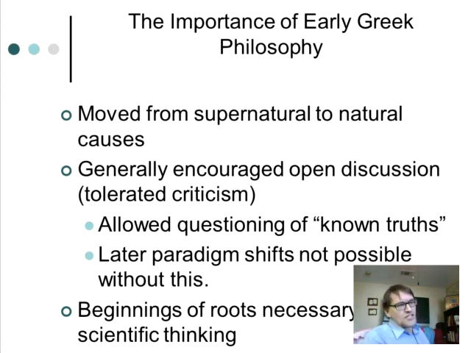And it tolerated criticism, and boy, that's important, because as we talked about in the previous presentation with Thomas Kuhn, science is nothing more than the buildup of paradigms, normal science, problems arising with the paradigm, bing, paradigm shift, okay? Paradigm shifts, which is what Kuhn says is what science is all about, cannot exist if you don't have toleration of criticism.